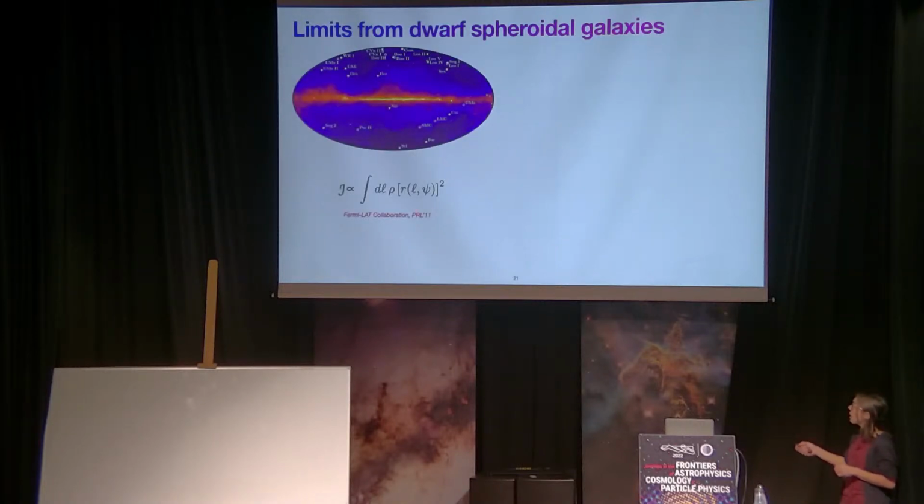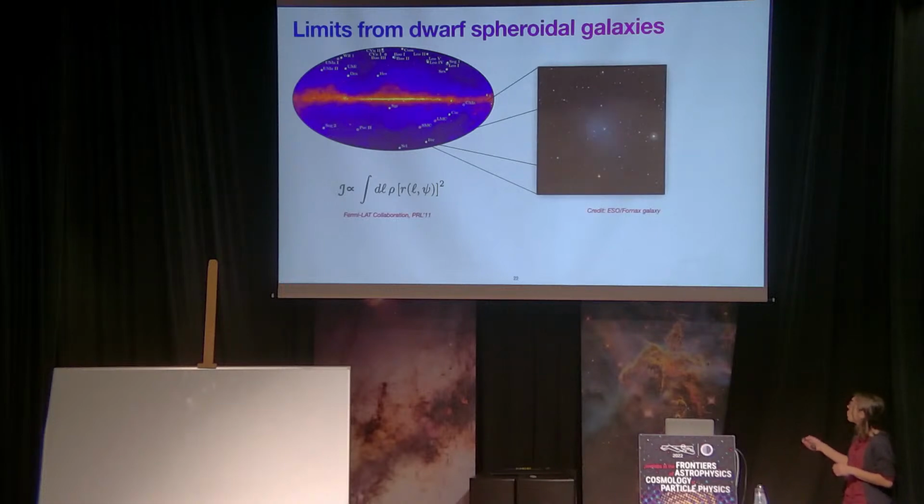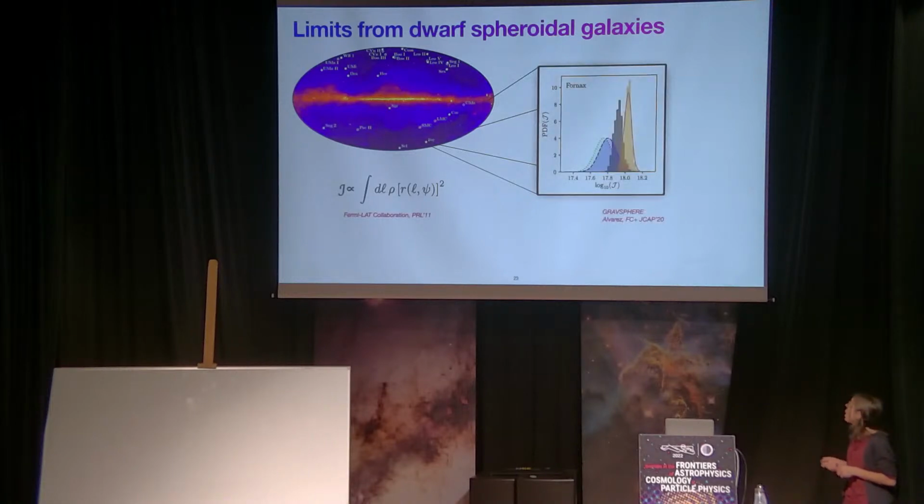Because we actually measure their stellar content, and we can infer from the dynamics of the stars the dynamical mass, so the dark matter mass, that should be contained in those objects. So you can derive only from stellar dynamics analysis the expected J factor, or even, if you want, the dark matter mass in those objects.